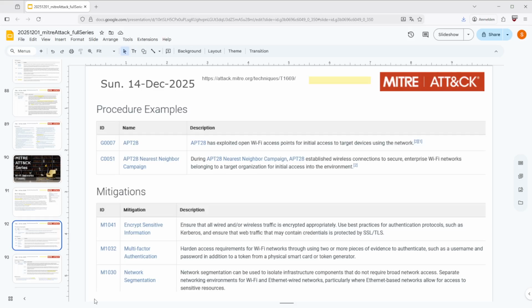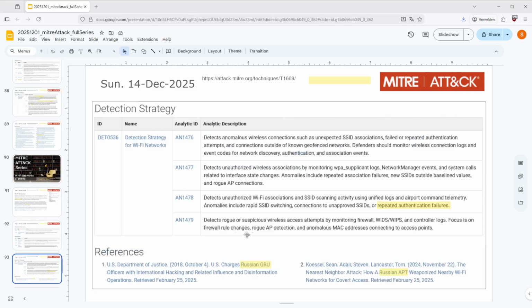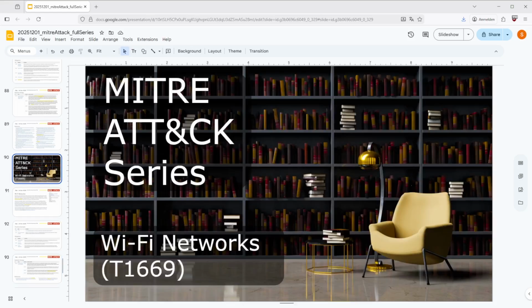We know how to mitigate it. So segment your network, multi-factor authentication, and that's what you can do to protect yourself against that. And we know a little bit now about detection strategies, and also at least two references that I wouldn't dig deeper into. These references didn't catch my eye much. But yeah, so far so good.